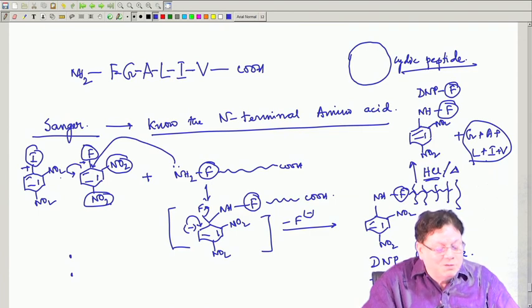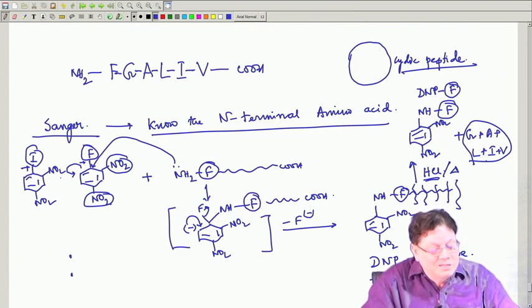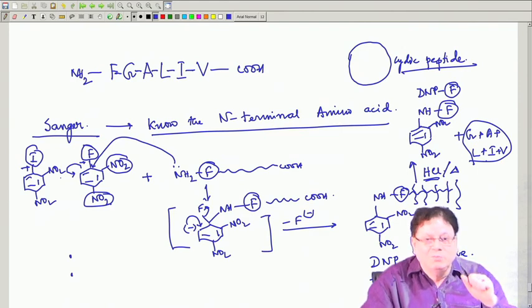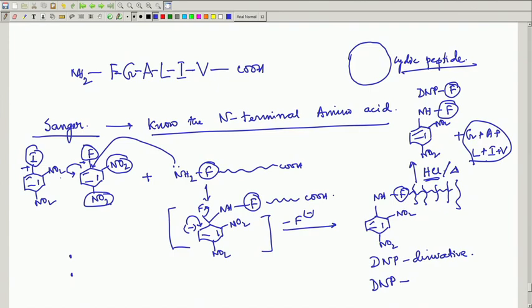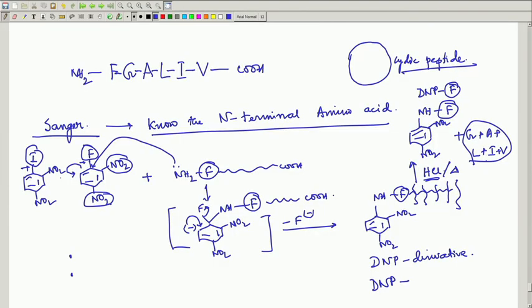Because of the presence of the fluorine, this carbon is more electrophilic, or you can say this anion is more stabilized by the electron withdrawing effect of the fluorine. So, that is why Sanger, not being an organic chemist, still realized which compound had to be taken, the fluoro compound and not the iodo. So, that is Sanger's method.